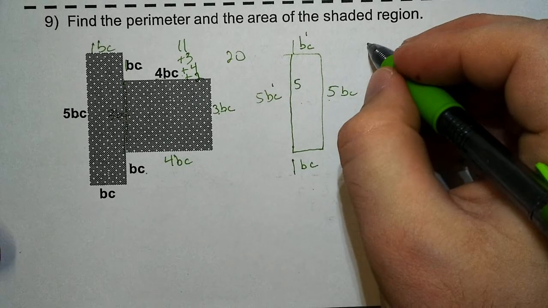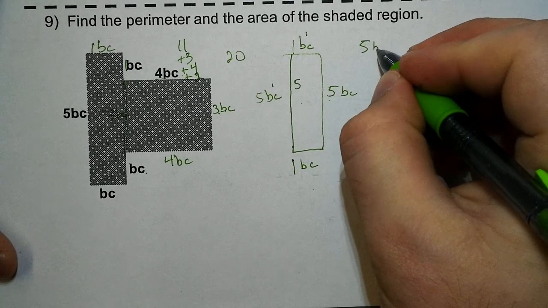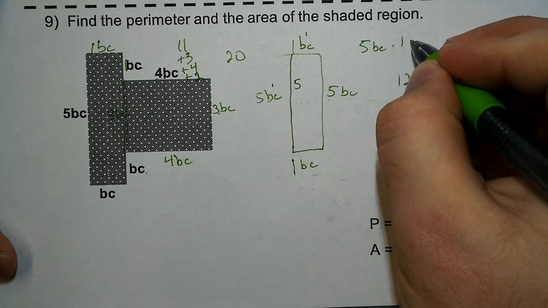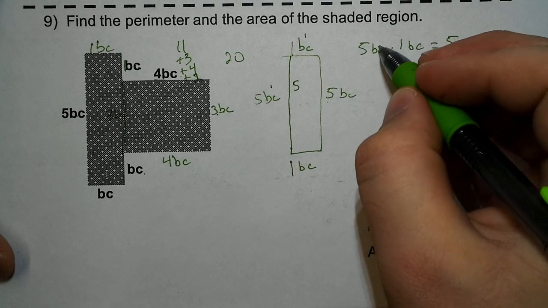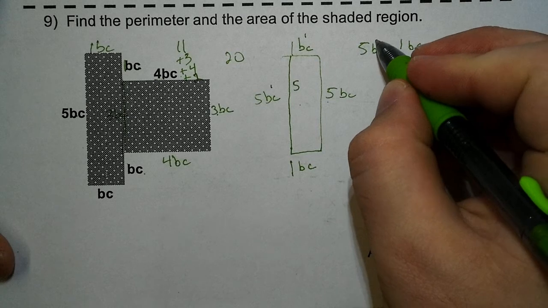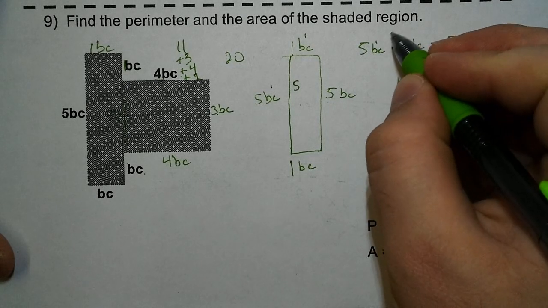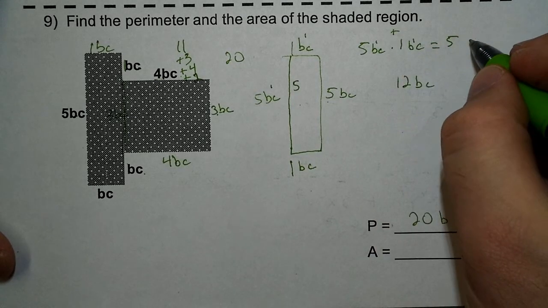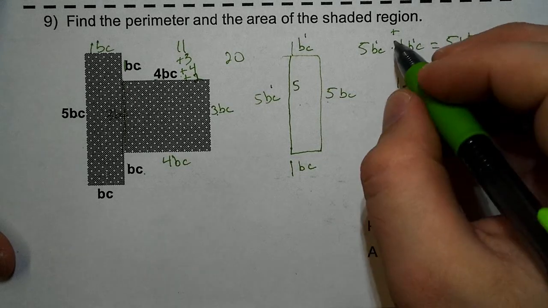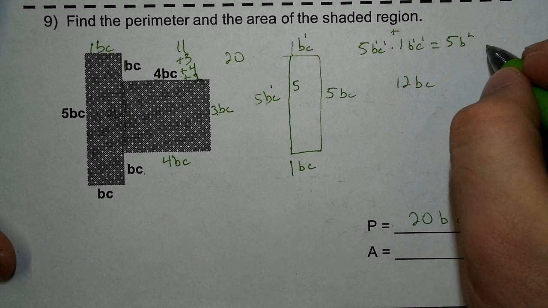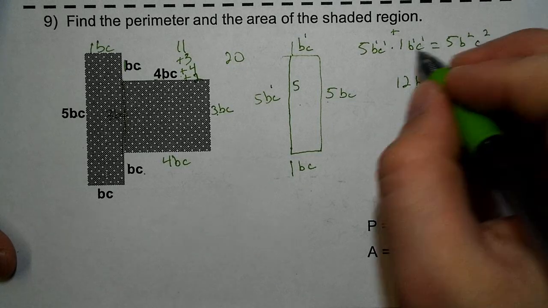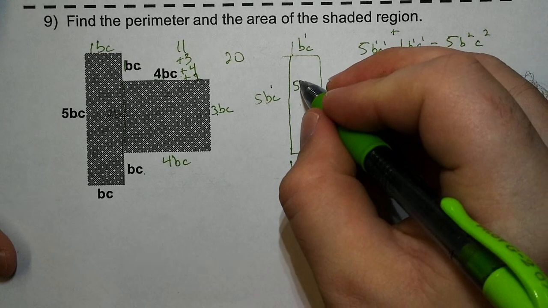When you're multiplying, you multiply the numbers, so we get 5. Now we add up the letters, right? There's 1 B there, 1 B there. 1 plus 1 is 2, so B squared. 1 C here, 1 C here. 1 plus 1 is 2. So that is the area of this rectangle.